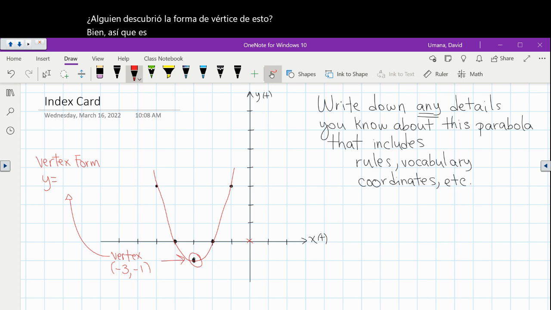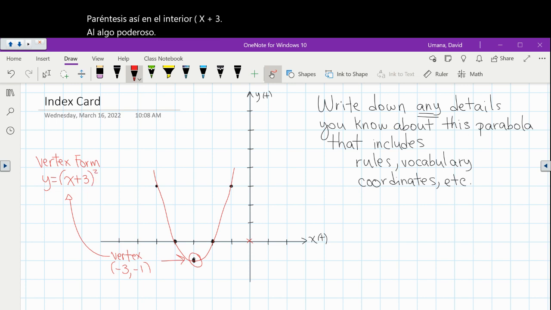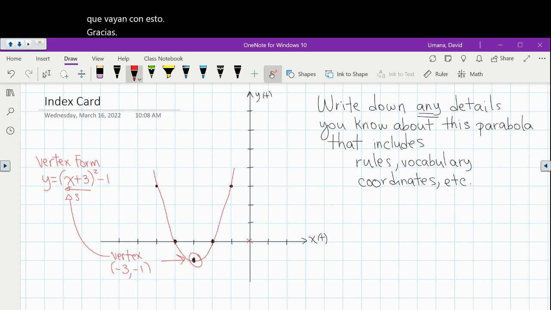Now, the x positive 3 should be inside what? Parentheses. So inside parentheses, x plus 3 to the second power, and then how do I finish it? Negative 1. As soon as you come up with this idea, you kind of already have it here, but there should be two words that go with this. Thank you. So this one here, slide. This one here, shift.